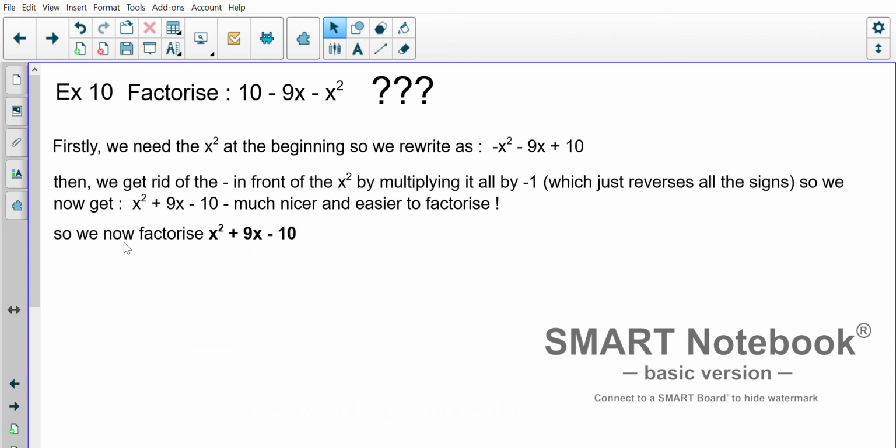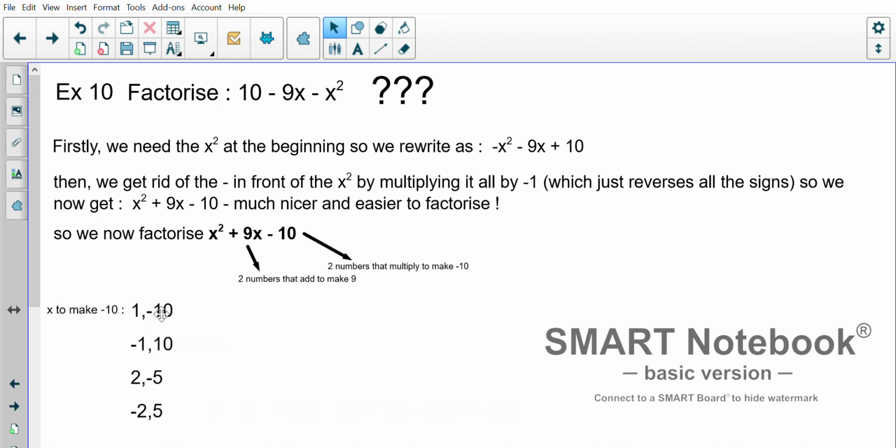Okay, so let's factorise it. There are two numbers that add to make 9, two numbers that multiply to make negative 10. Our list, the multiples, factor pairs, the minus 10 is there, and the pair that if you add them together to make 9 is this one here.